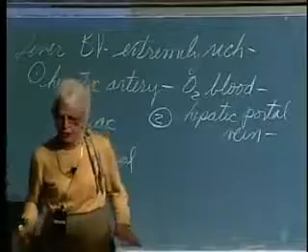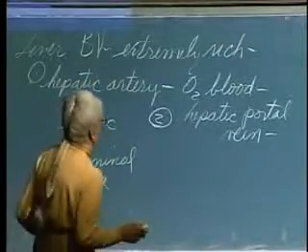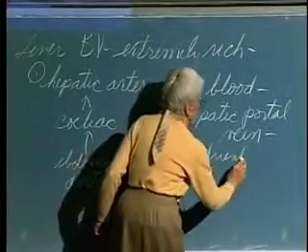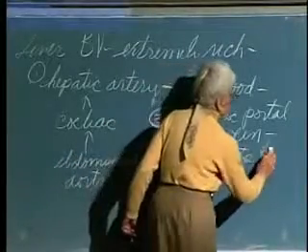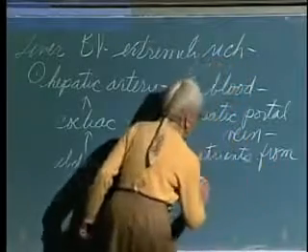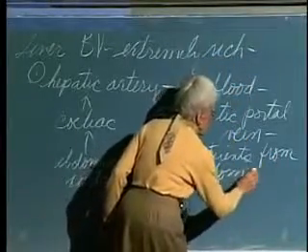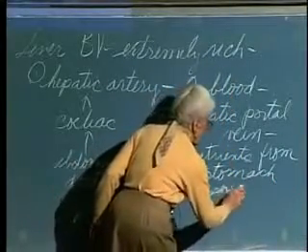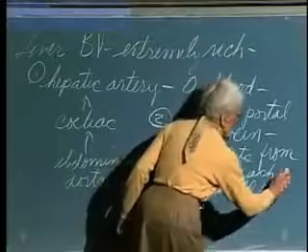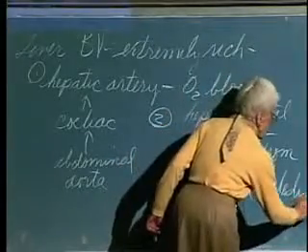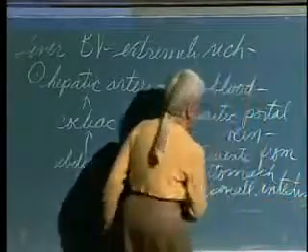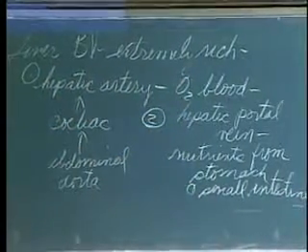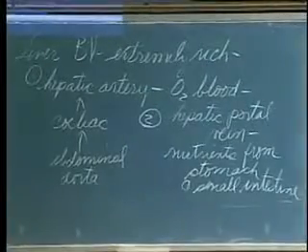And it will be bringing in nutrients from the stomach and small intestine. So we'll learn what it does with these when we study the liver itself, but I just wanted to give you the liver's blood vessels because it is so rich.